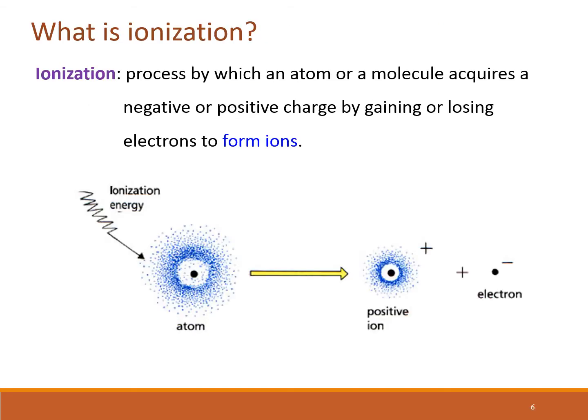Let's do some revision. What is ionization? Can you remember? Ionization is a process by which an atom or a molecule acquires a negative or positive charge by gaining or losing electrons to form ions.